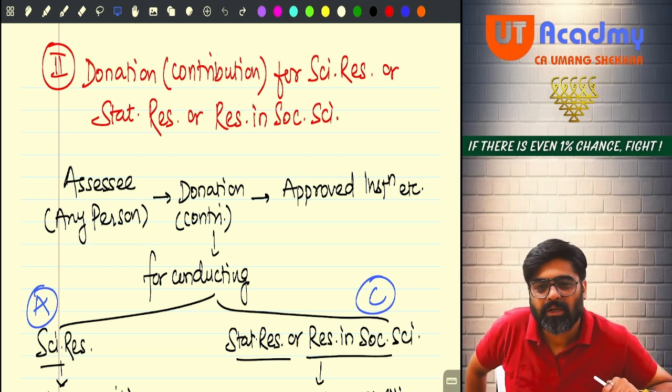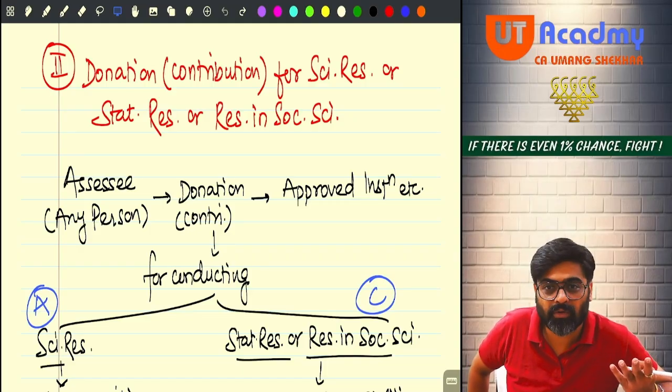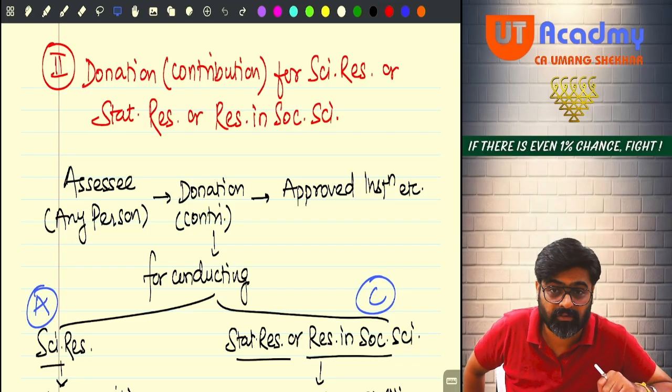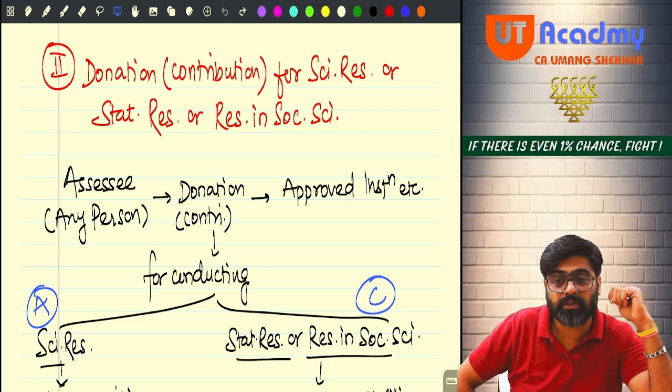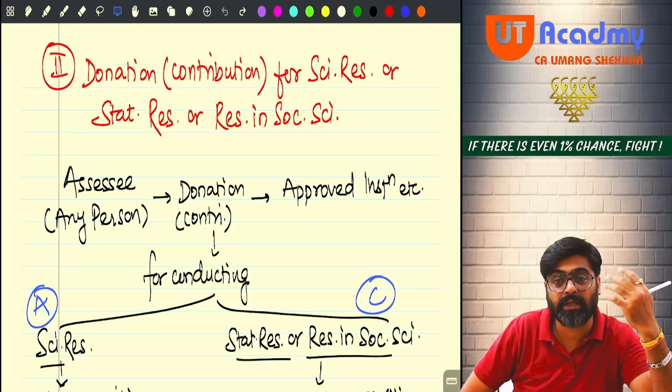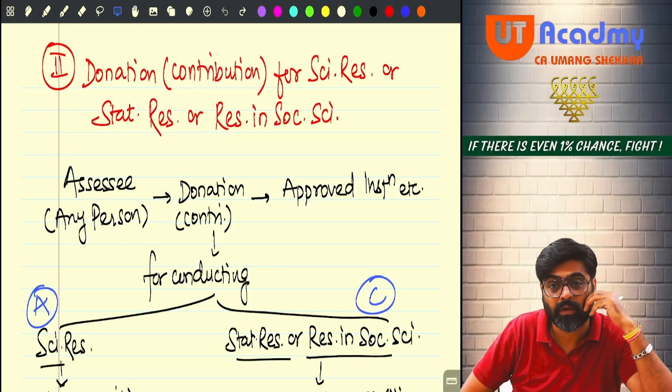Have you heard about Tata Institute of Social Sciences? Tatas have made one institute which conducts research in social sciences. There are statistical researches also happening. There are many institutes or organizations conducting statistical research. Unemployment, how much is the unemployment? How many females are there per 1,000 males in the population?